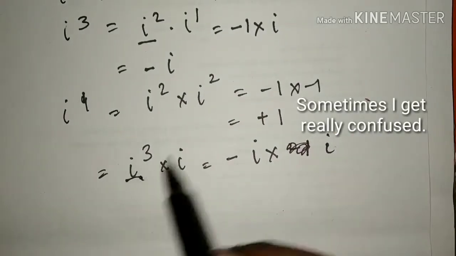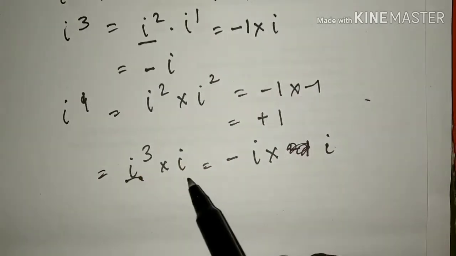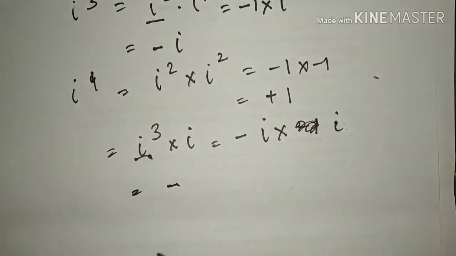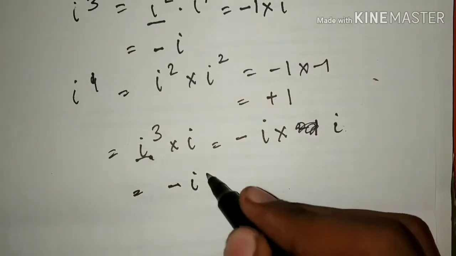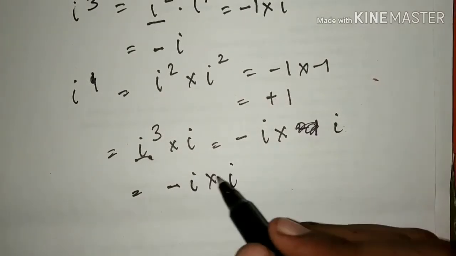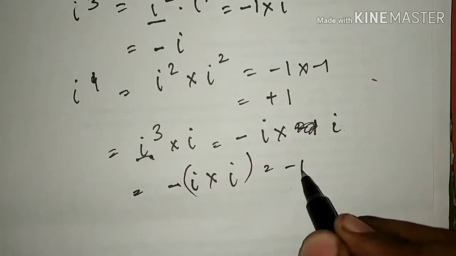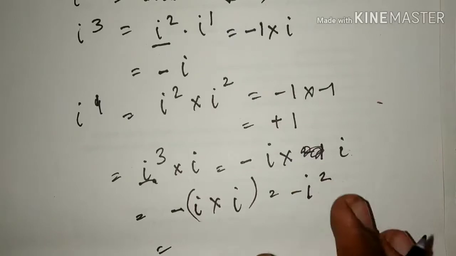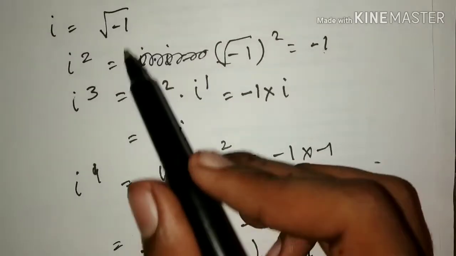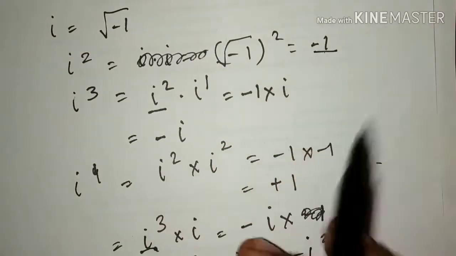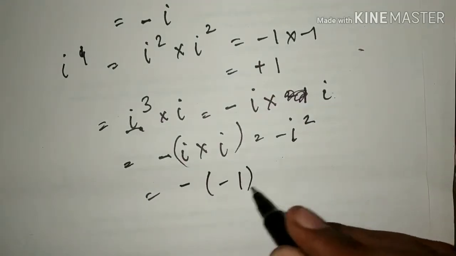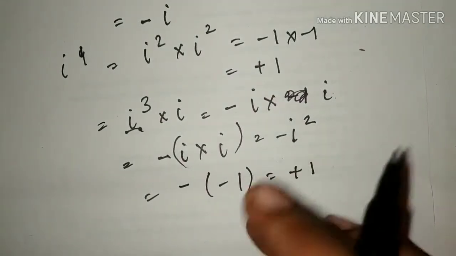Now i into i is i square, so it's minus i square. Now i square is -1, so we write minus of -1, that is +1.